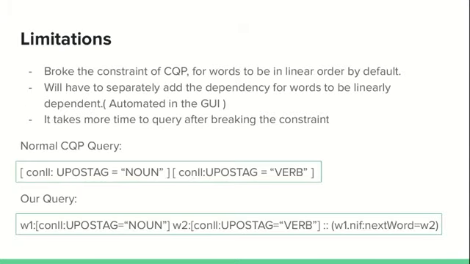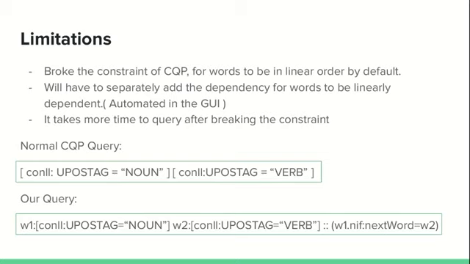But we still have some limitations in CQP for RDF. In order to increase the power of the tool, we broke one of the constraints of CQP, that two tokens specified one after the other would always be continuous. We broke this constraint, and now the two tokens don't have any dependency between them by default.